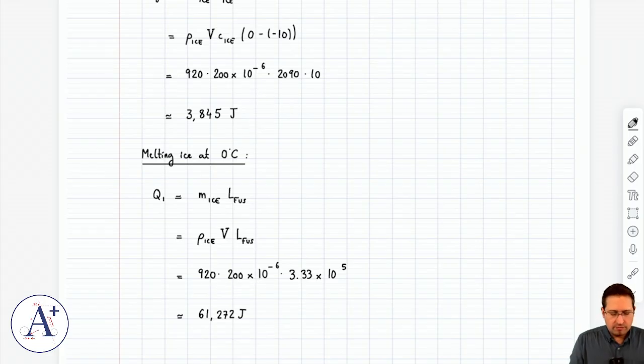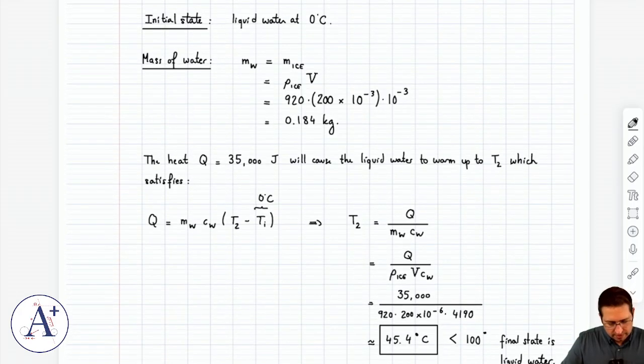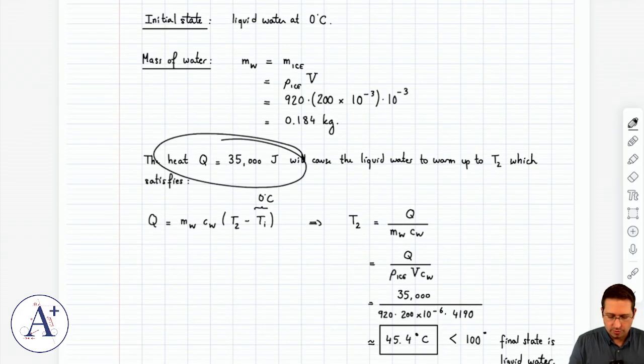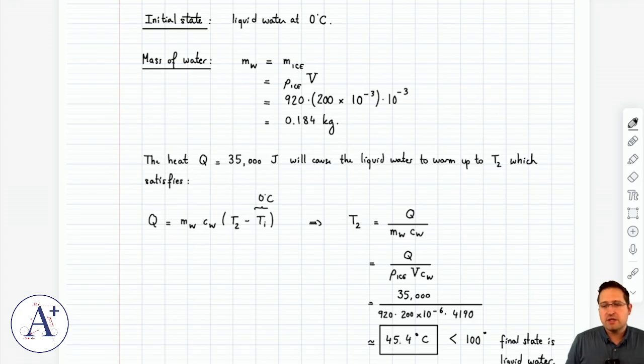Okay. So now we've taken our ice cube, we brought it to 0, we melted it at 0. The total amount of these two is going to be what takes me to 0 degrees liquid water. And then I know from before that I still need to incorporate 35,000 joules to make it to 45.4 degrees Celsius.